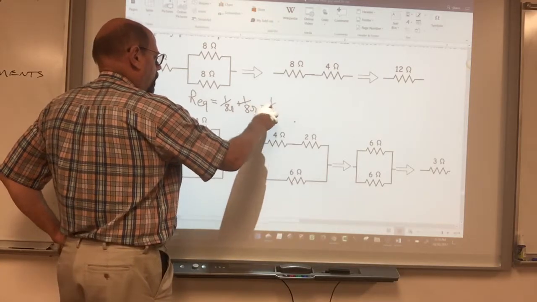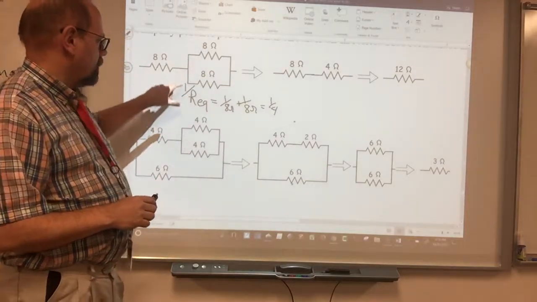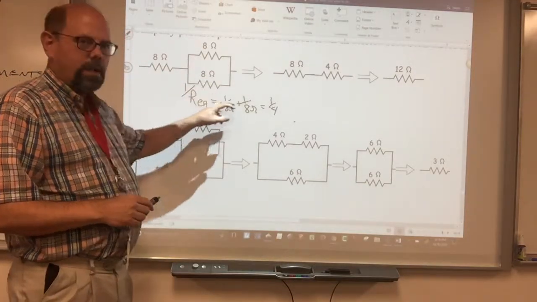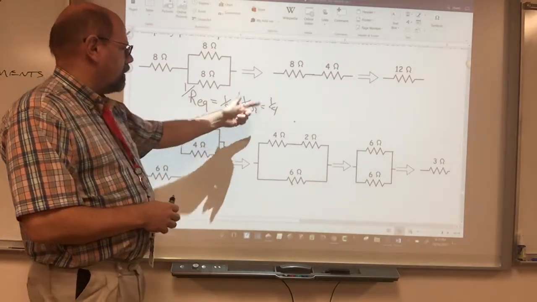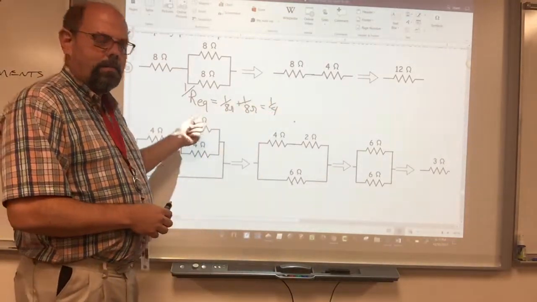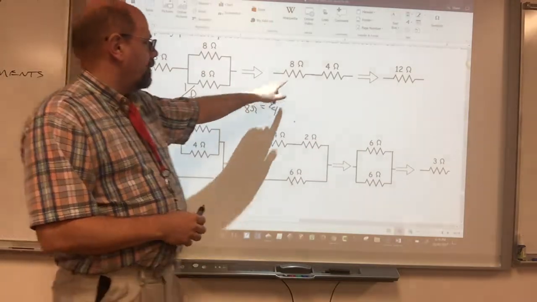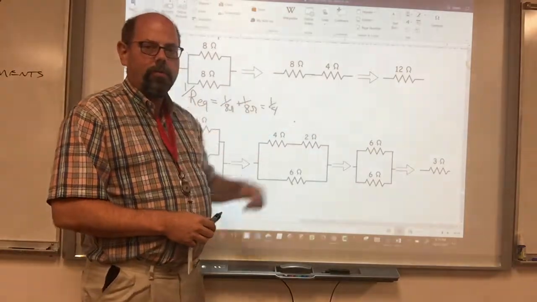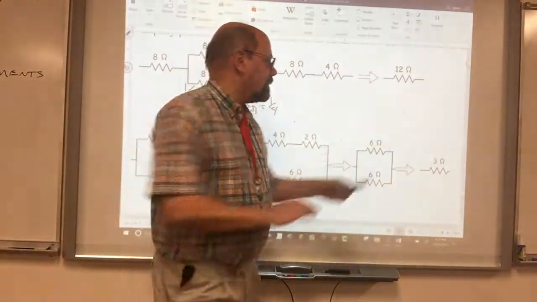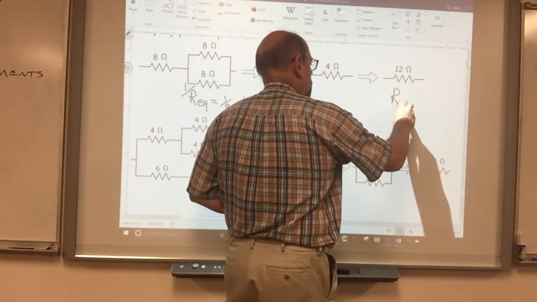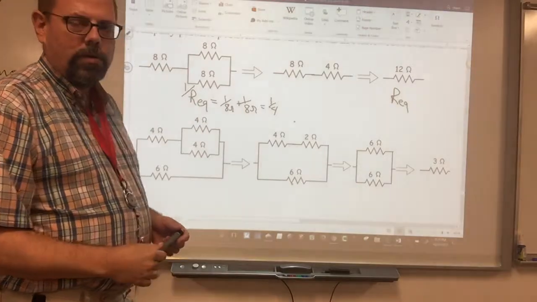That ends up being 1/4. For parallel circuits, 1 over the resistance is the sum of all the inverses of the resistances. So 1/8 plus 1/8 becomes 1/4, and that flipped becomes the equivalent resistance. Now it's just an 8 ohm plus a 4 ohm resistor, and those are in series, so the total resistance is just 12 ohms.